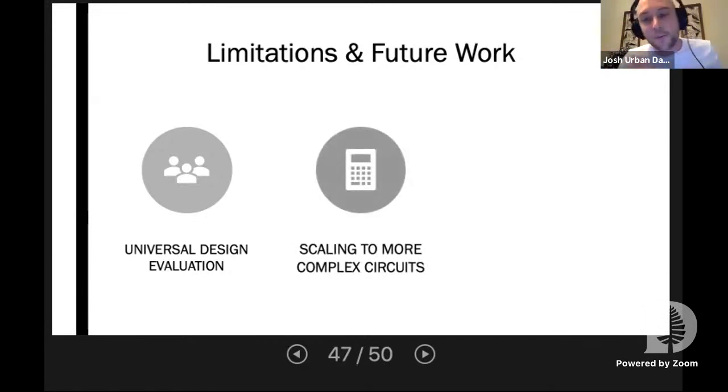We'd like to also scale to more complex circuits. Most of the sample circuits that we used were fairly simple and only had one particular functionality, and we'd really like to see if this could scale to larger circuits by possibly taking large circuits, breaking them down into smaller, more modular circuits that could then be connected together, and thus allow this system to work on significantly more complex systems.